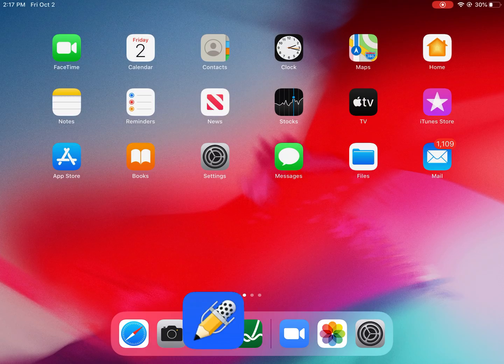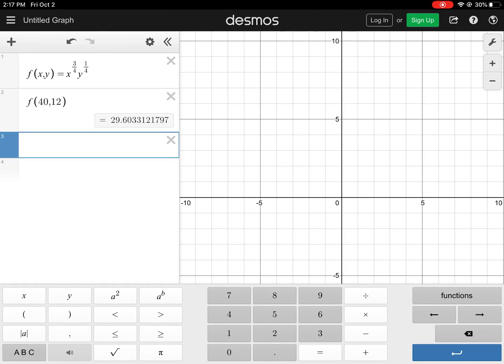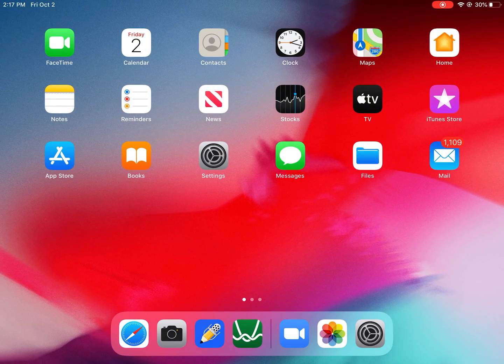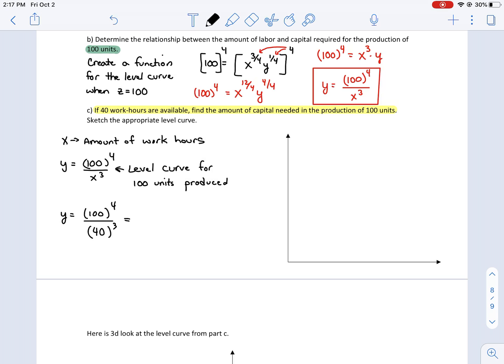And we can do that on Desmos. 100 raised to the fourth power divided by 40 raised to the third power. And it looks like that rounds to about 1563. So this is equal to 1562.5, which is approximately 1563.